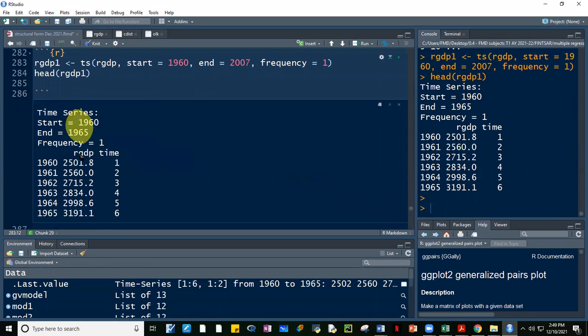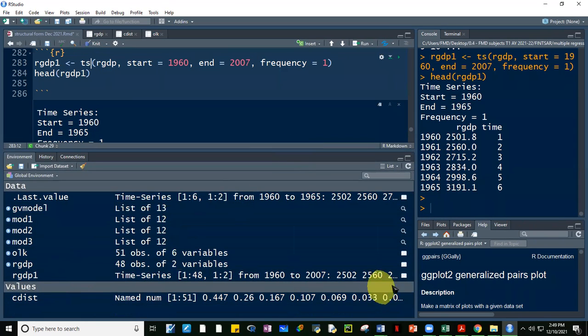So now this is our RGDP1. From 1960 to 1965, frequency equal to 1. Although the time appears here as 1, it's treated as the years, guys: 1960, 1961, etc. Let's view our RGDP1.